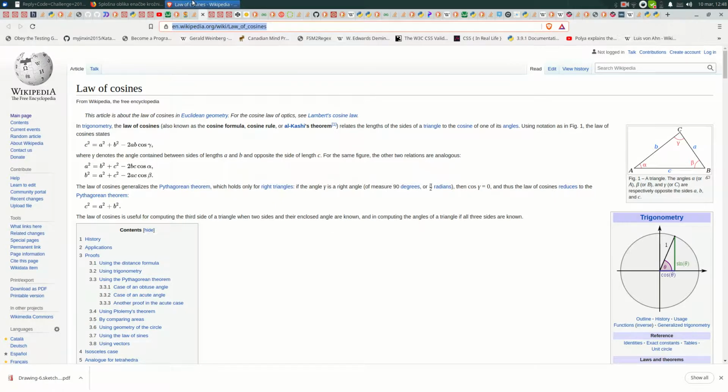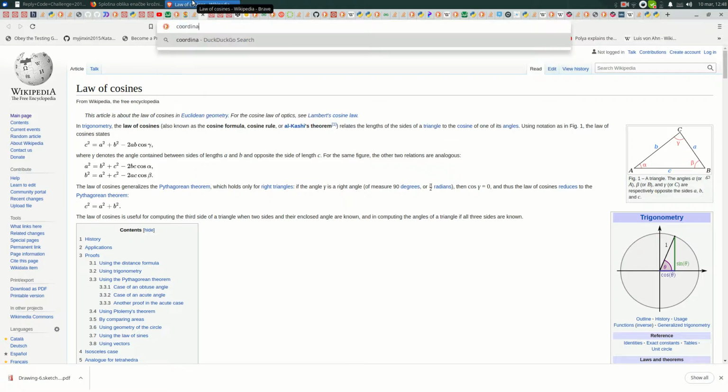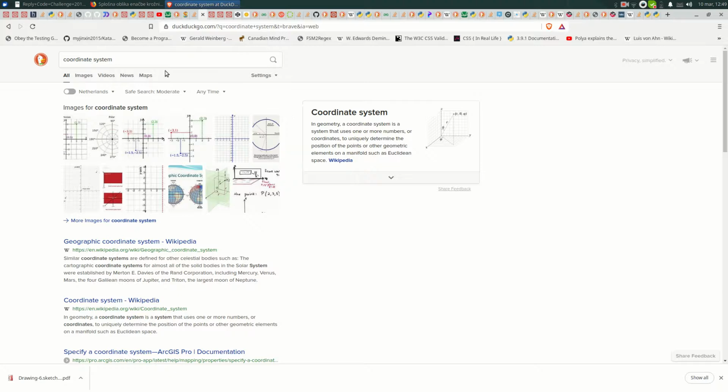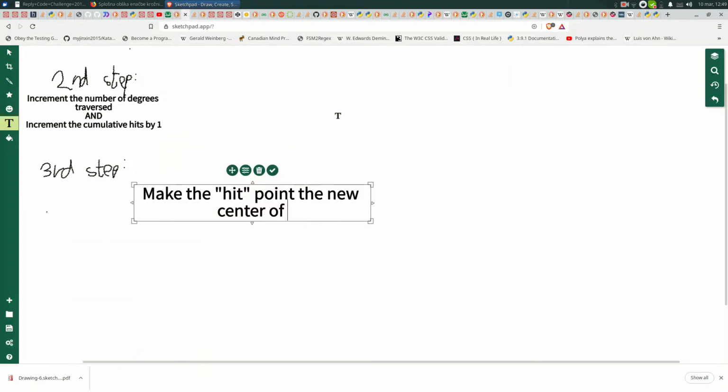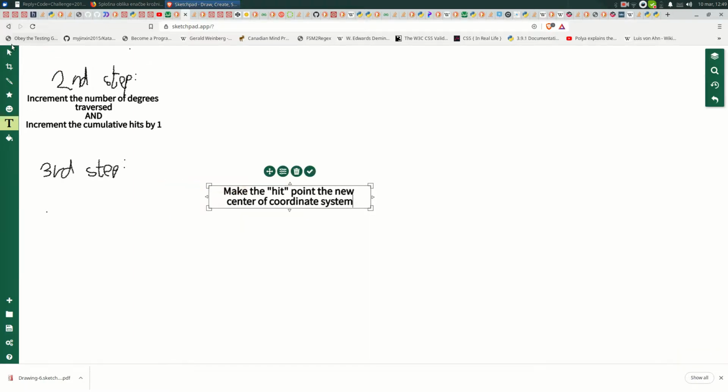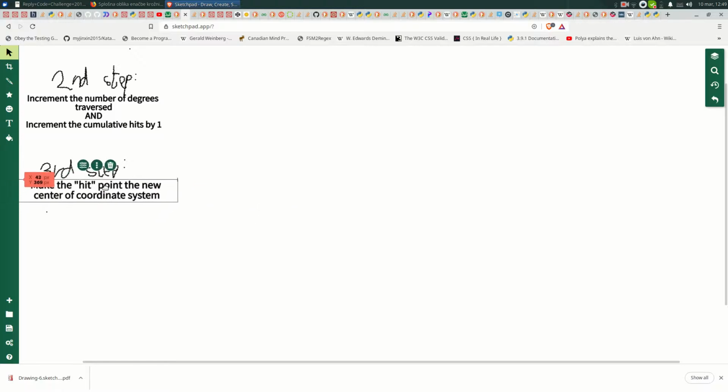Of coordinate system. Yeah. The new center of coordinate system. Alright, so that is the third step, which we have to figure out how to do.